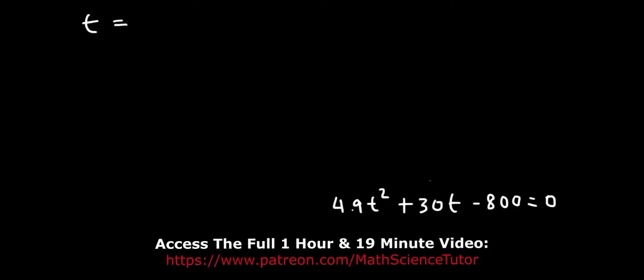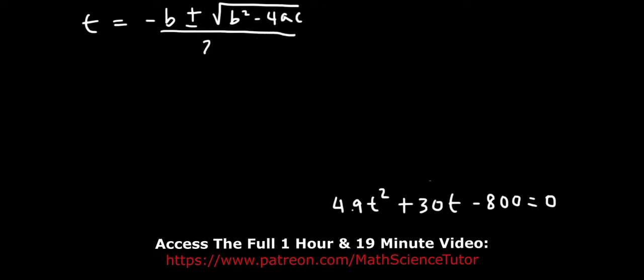So here's the quadratic formula. t is equal to negative b plus or minus the square root of b squared minus 4ac, divided by 2a. So a is 4.9, b is 30, c is negative 800.